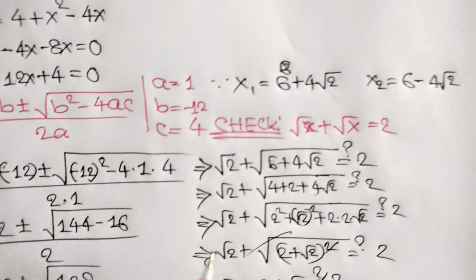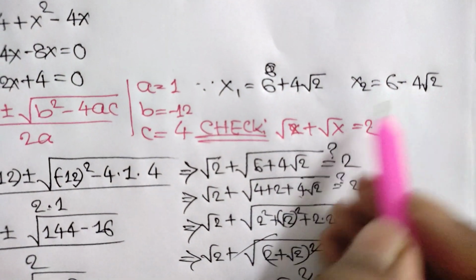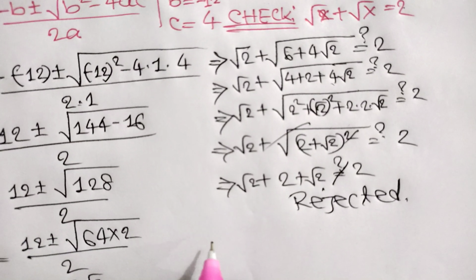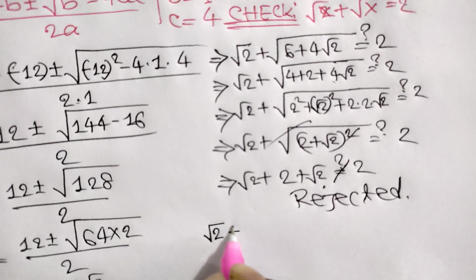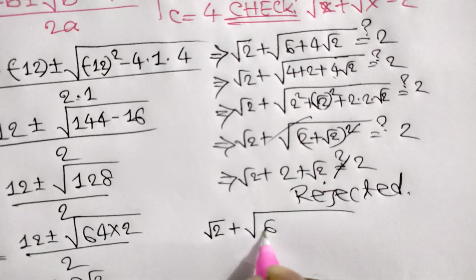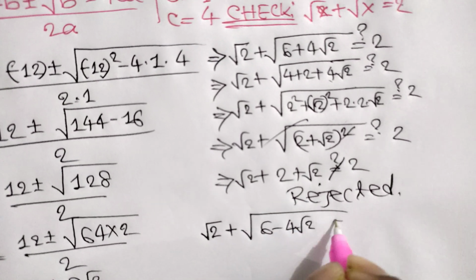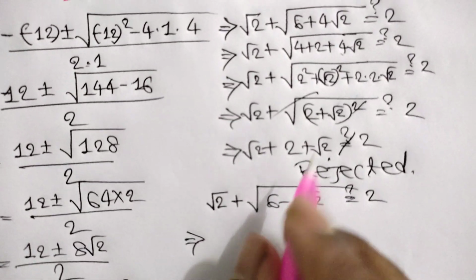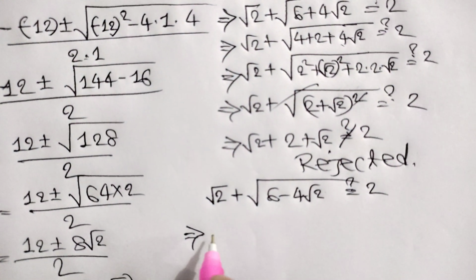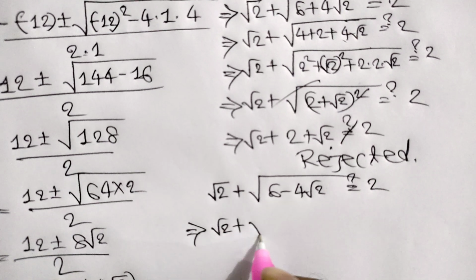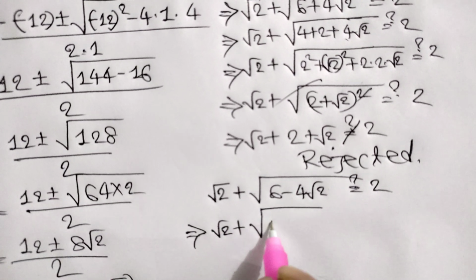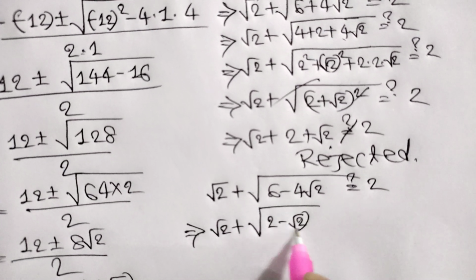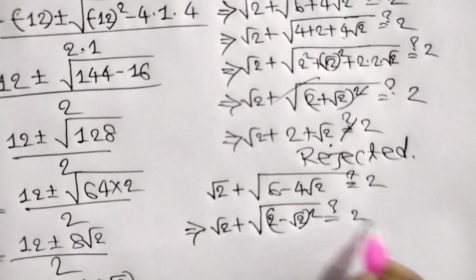Now x is equal to 6 minus 4 square root of 2, so we can write square root of 2 plus square root of 6 minus 4 square root of 2, it is equal to 2. This is similar to square root of 2 plus square root of (2 minus square root of 2) whole square, is it equal to 2?